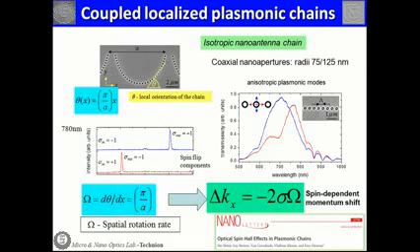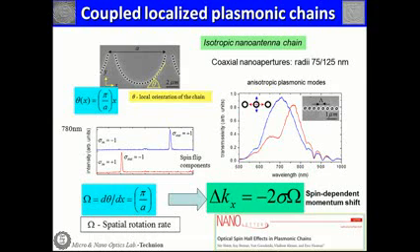I would like to talk a little bit about the isotropic nanoantenna chain. We fabricated the isotropic nanoantenna as an annular aperture upon a very thin gold layer, and we fabricated here a coupled isotropic nanoantenna chain onto a straight line, and we measured a longitudinal mode as well as a transverse mode.